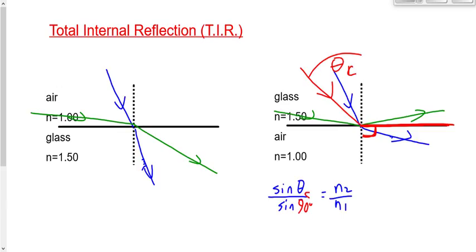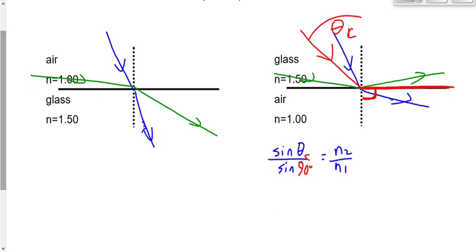Now, if you don't remember this, take out your calculator and type in sine 90. What's the value of sine 90? 1. So it always becomes sine theta c over 1 equals n2 over n1.